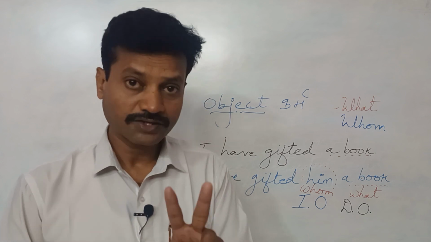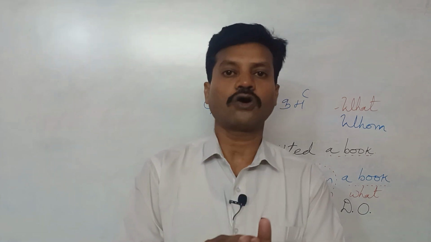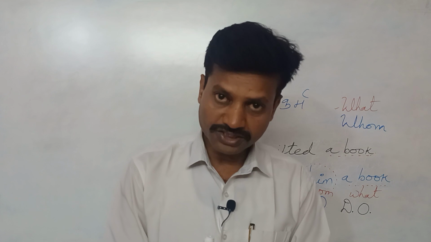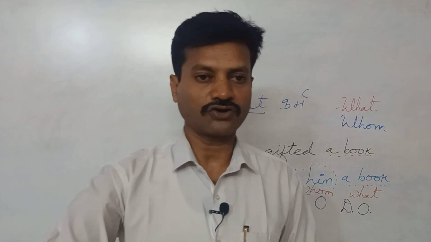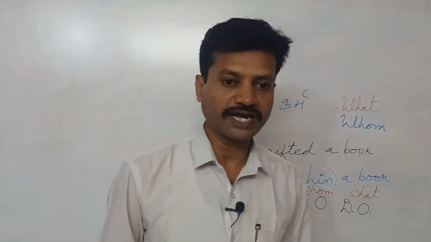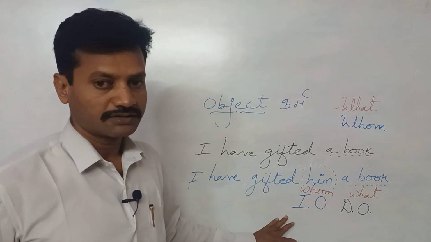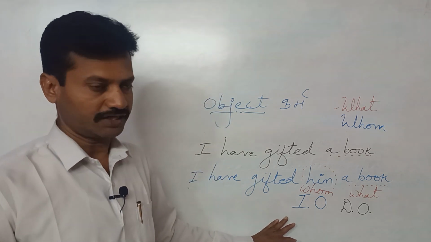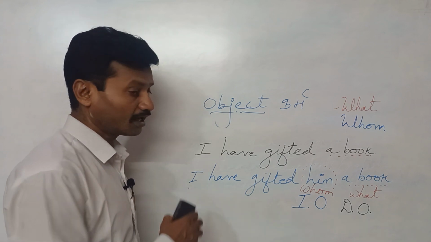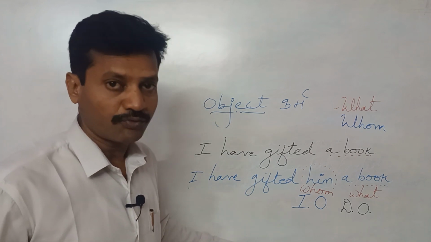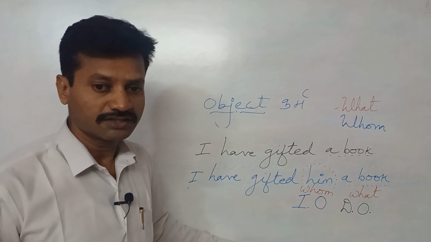Means now there are two objects, direct object and indirect object. Okay. Is it clear? Okay. Now there is also one point I would like to explain.